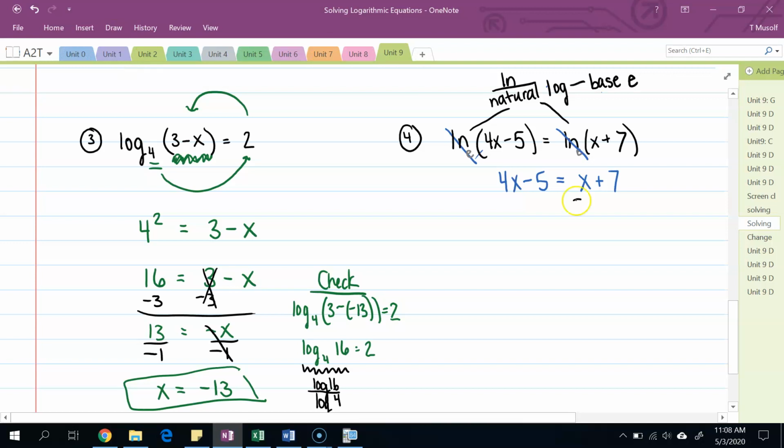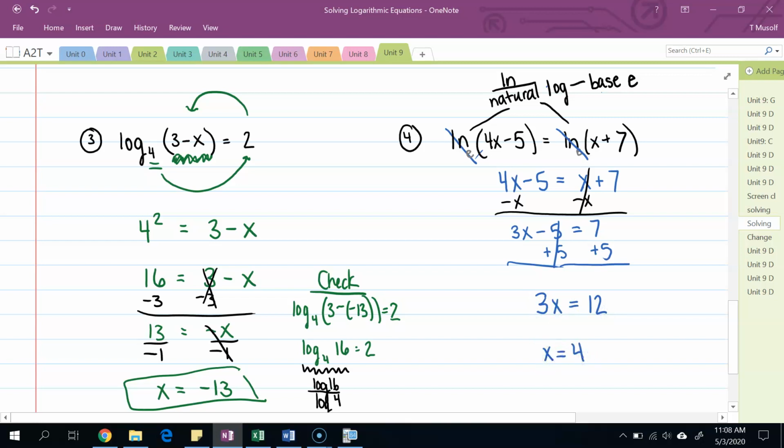So I would subtract x from both sides. I'm going to get 3x minus 5 equals 7. Add 5 to both sides. So 3x equals 12. And that means I end up with x equals 4.